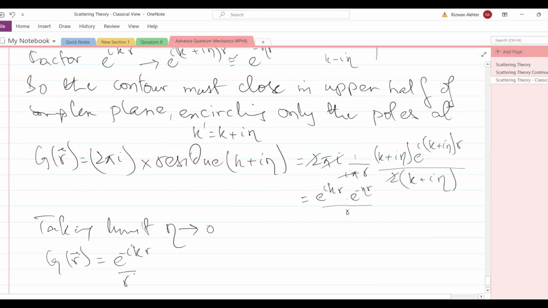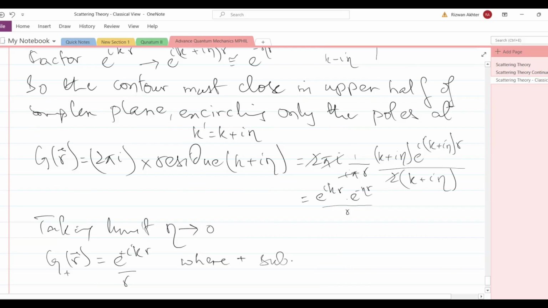So this is in fact one factor, and minus here becomes plus. So we call it plus, where plus represents what? It is because we are talking about the positive imaginary shift, that is in the upper half of the complex plane.